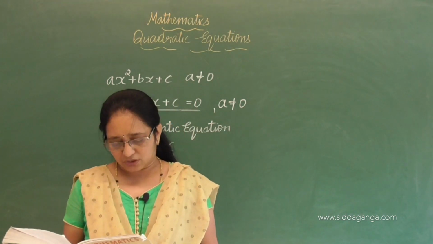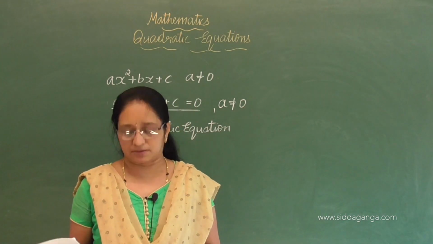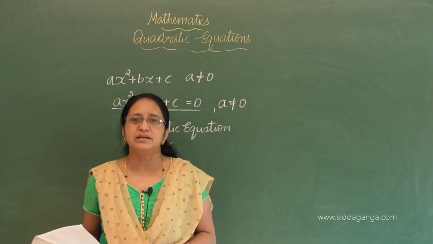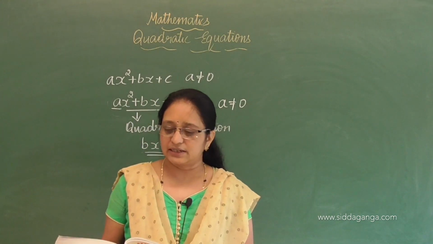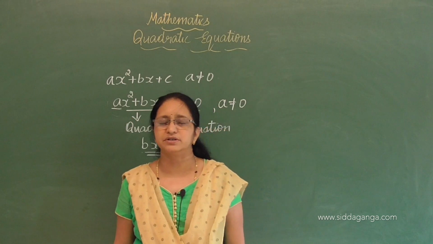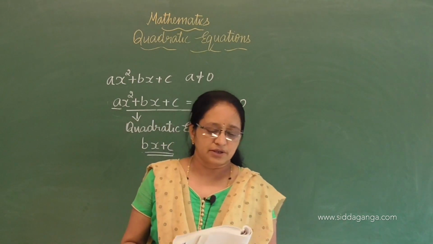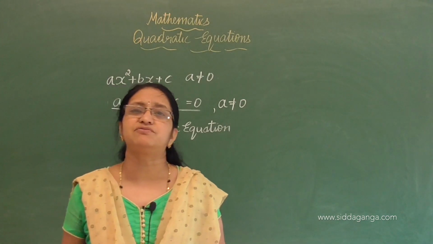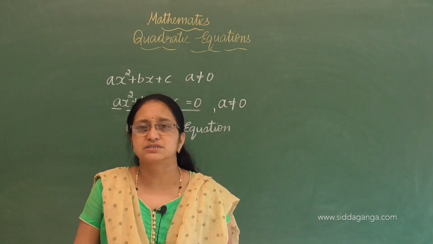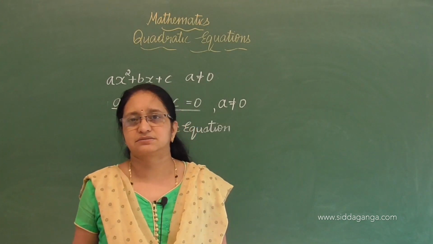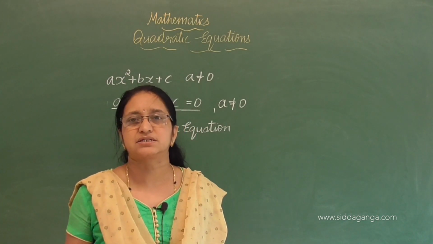In fact Brahmagupta found the formula to solve the equation, and later on Sridharacharya, and this is very important, in AD 1025 derived the formula which is known as the quadratic formula, which you are going to study in the coming classes.